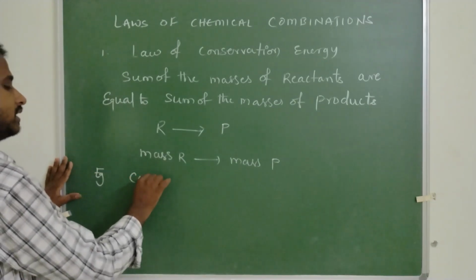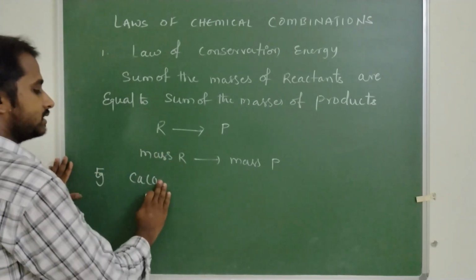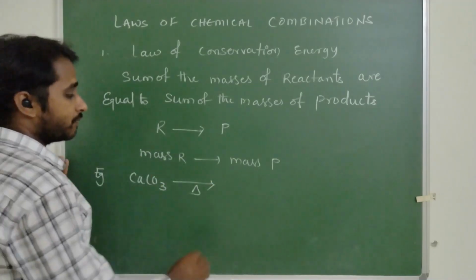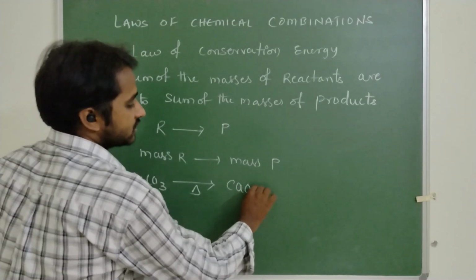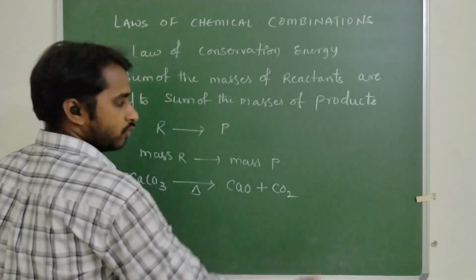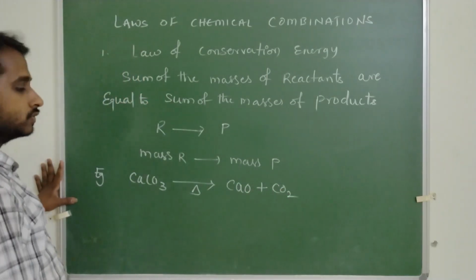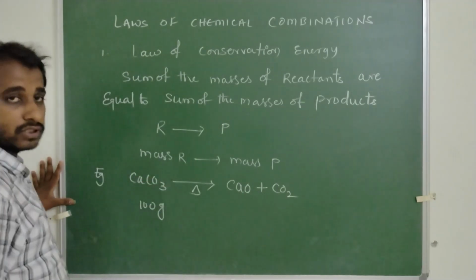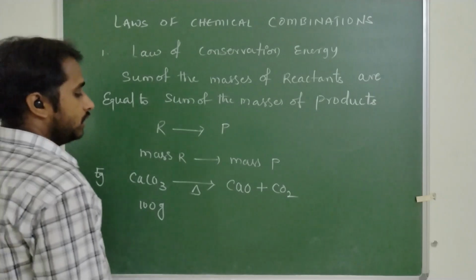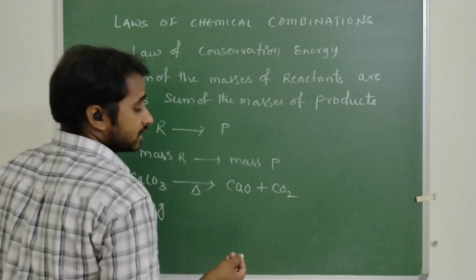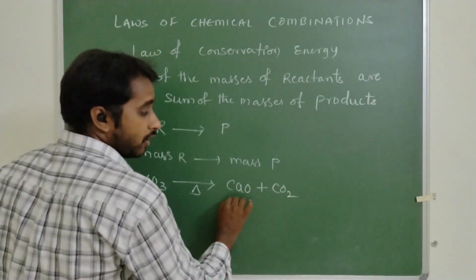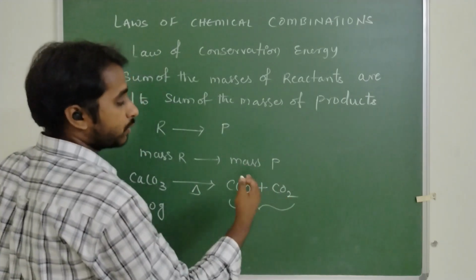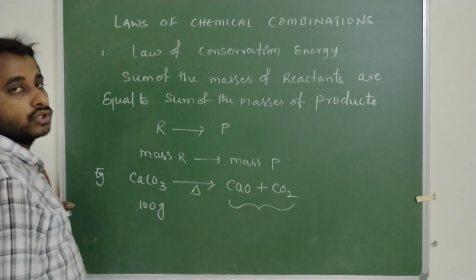For example, CaCO3 on thermal decomposition is going to produce CaO and CO2. If 100 grams of CaCO3 decomposes, the sum of the masses of CaO and CO2 formed as products is exactly equal to 100 grams.